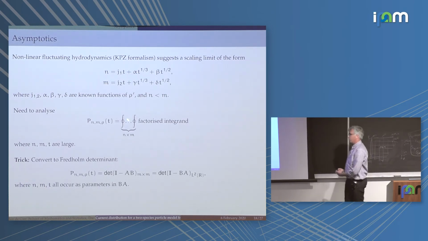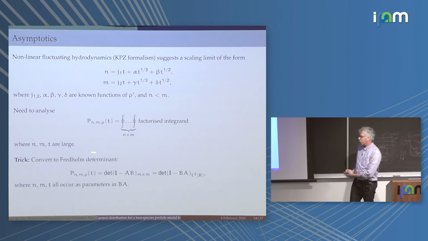So this formula is not suitable for that, and you have to go to a Fredholm determinant. And it turns out that you can write this as a regular determinant, say m by m, where m is larger than n.